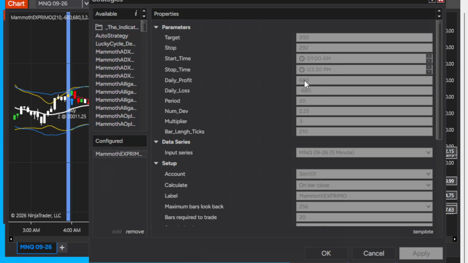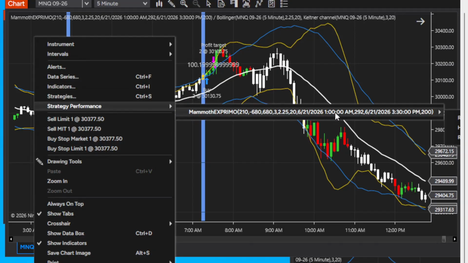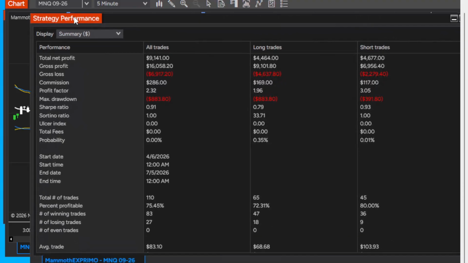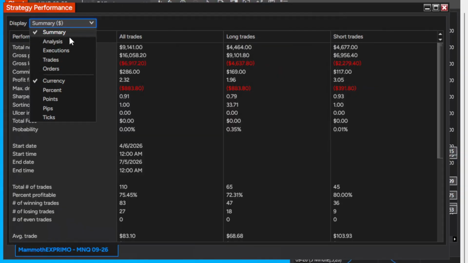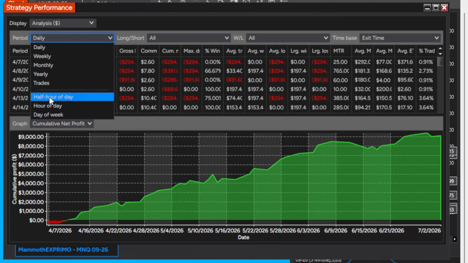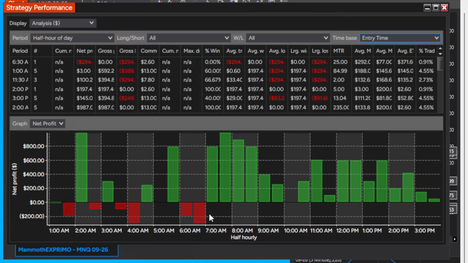Here you can set up the profit, loss, and also trading times. For instance, just a little tiny help here: if you look at analysis, you can look at half hour of the day, and you change to entry time, and then you see.